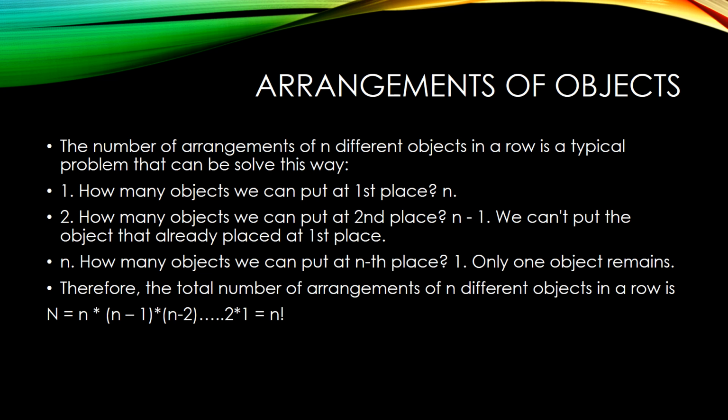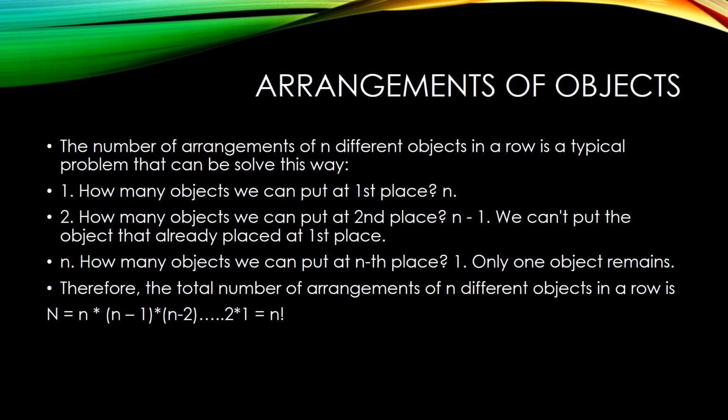The number of arrangements of n different objects in a row is a typical problem that can be solved this way. How many objects can we put at first place? N. How many objects can we put at second place? N minus 1. We can't put the object that already is placed at first place. And so on till nth place.